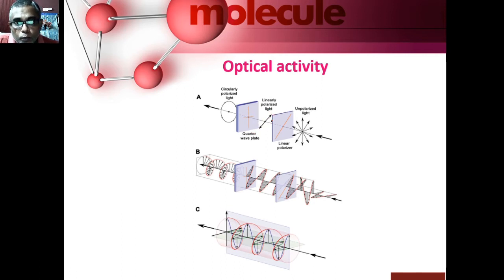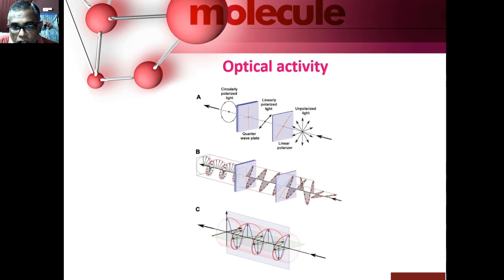So when we pass this through a polarizer, you get a linearly polarized light, and once again when you pass this linearly polarized light into a quarter wave plate, a quartz plate, then the light that emerges out becomes a circularly polarized light. Now you can see here, this is the direction of propagation of your ordinary light.